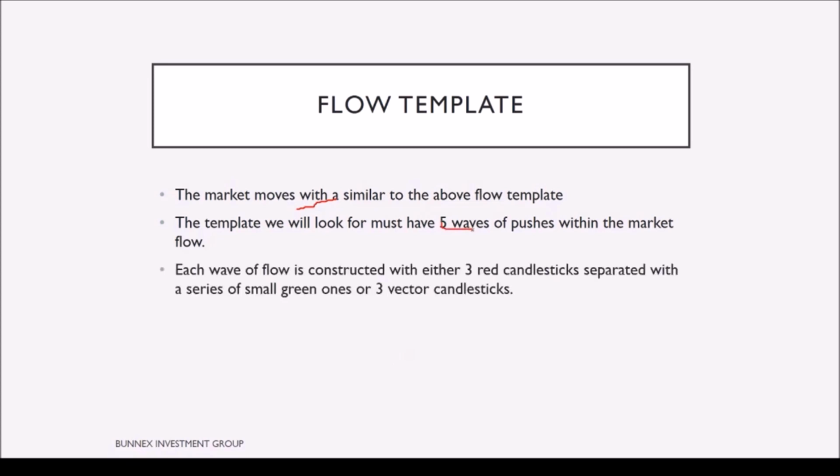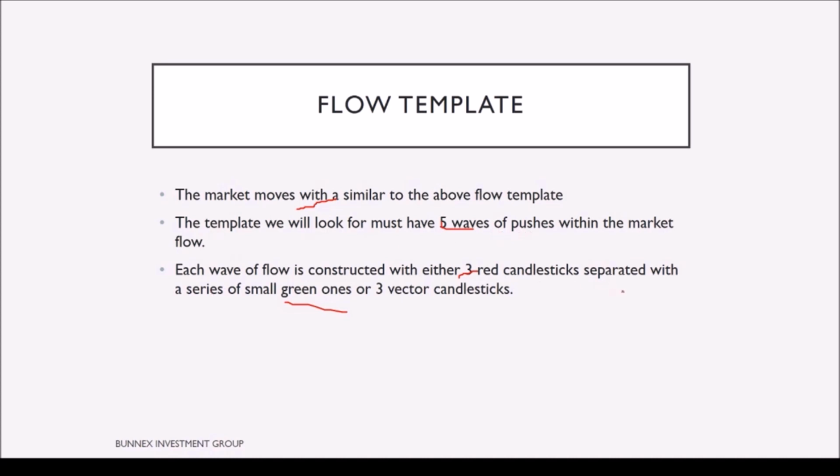Each wave of flow is constructed with either 3 candlesticks separated with a series of small green ones or 3 vector candlesticks. So what we are trying to say in these 2 points is we will only say the market is behaving the way we want if we see it making 5 waves. If not, we won't deem it satisfying our criteria.